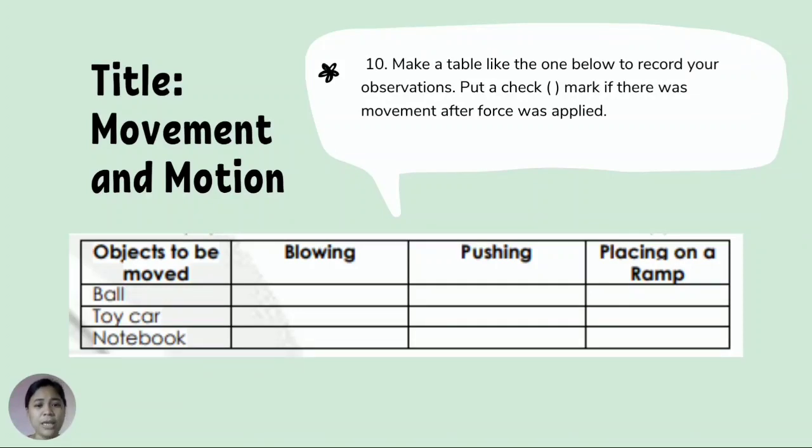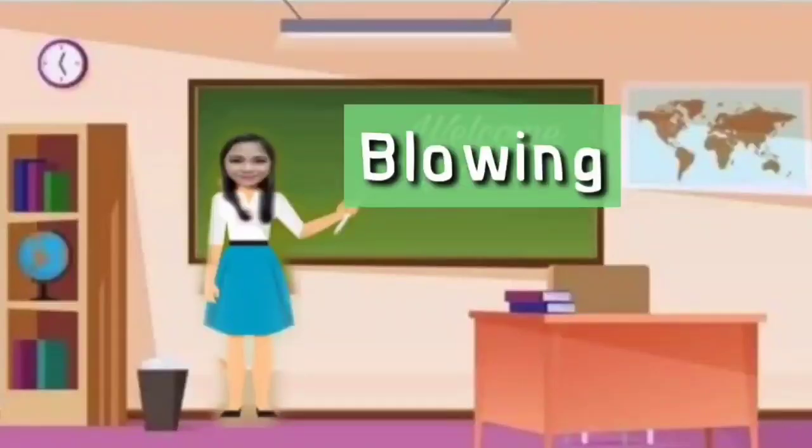Number 10, make a table like the one below to record your observations. Put a check mark if there was movement after force was applied. And watch this video about that activity.